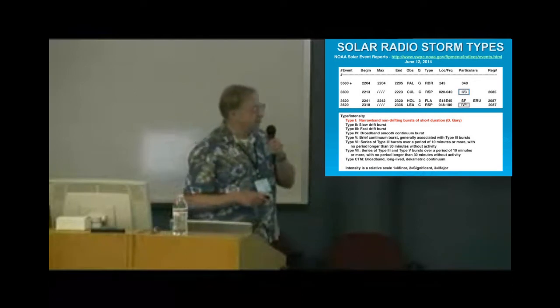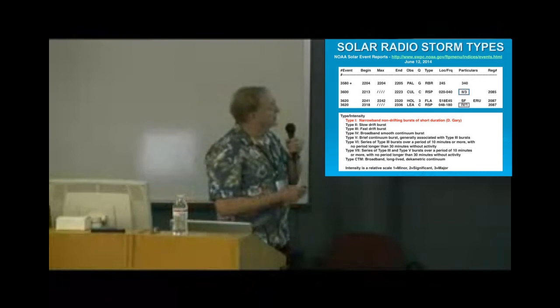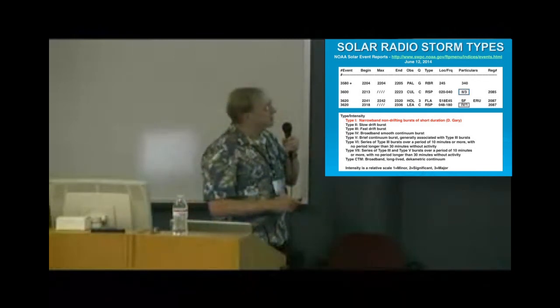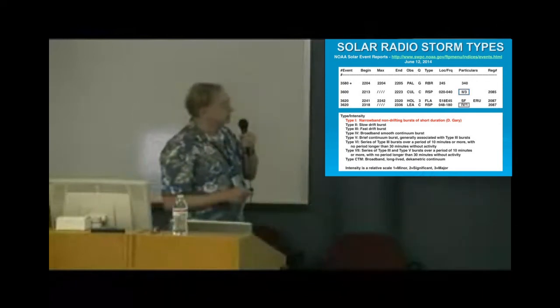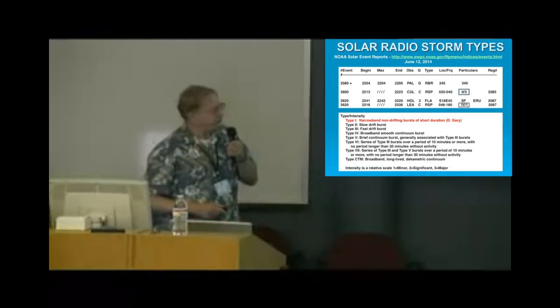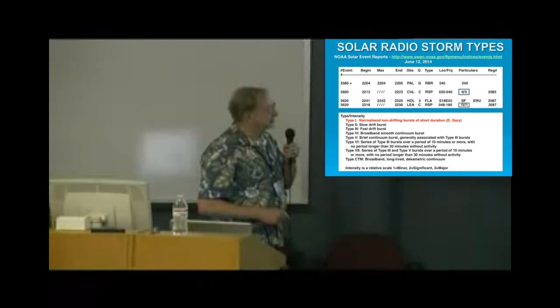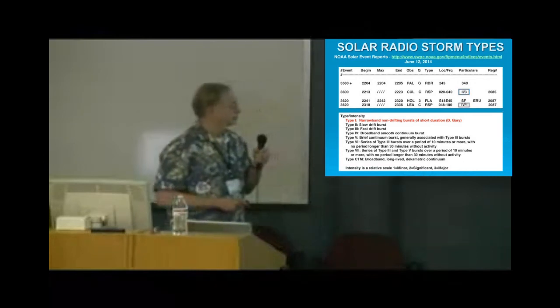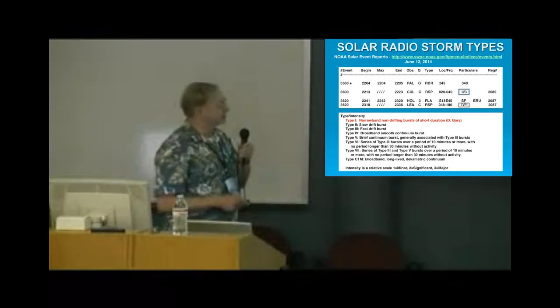They have a number of observing antennas around the world, and they provide information on what was seen by these various observatories and what type of event they recognized. So here, for example, is a type 2 event, and it's called a /3, where the intensity is according to this. 1 is minor, 2 significant, 3 major.